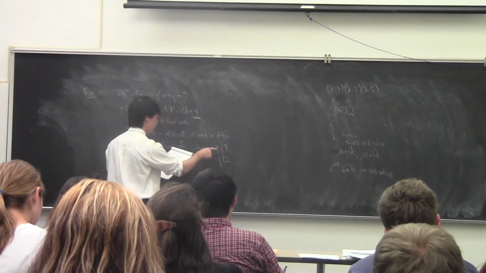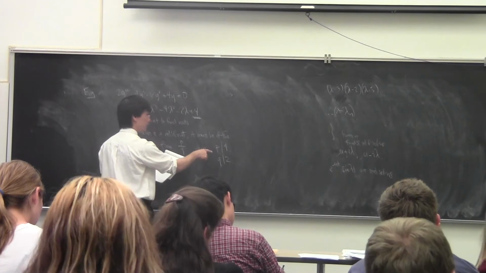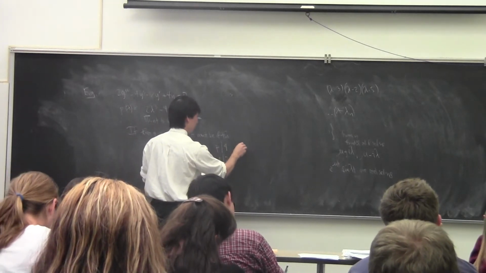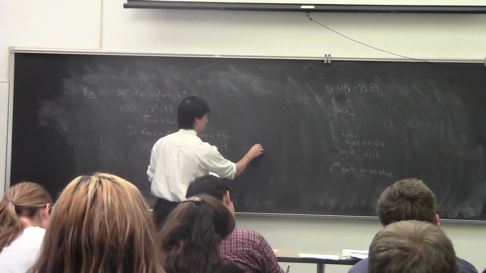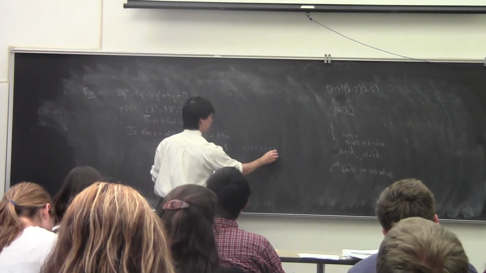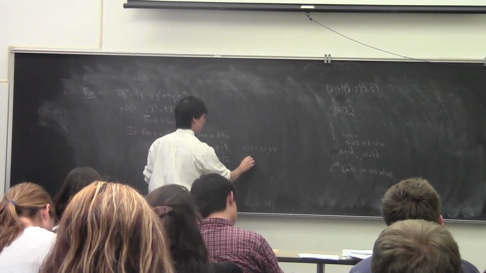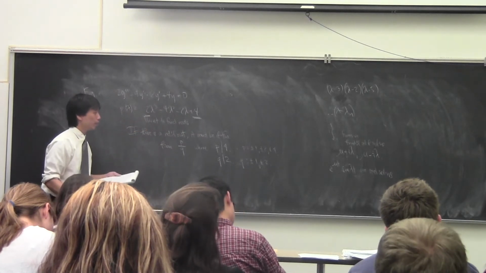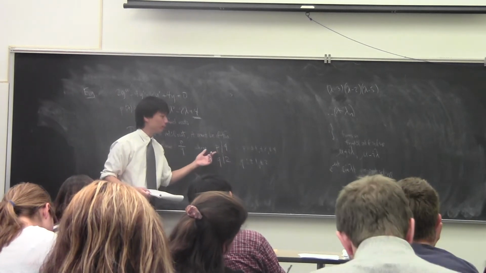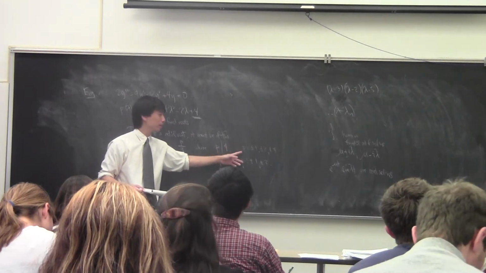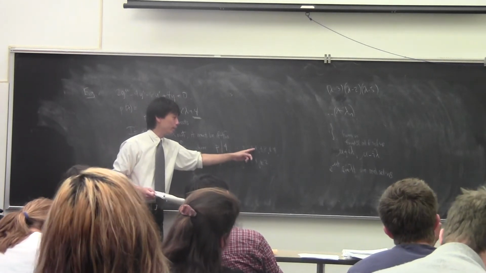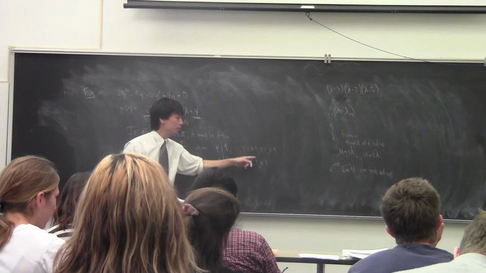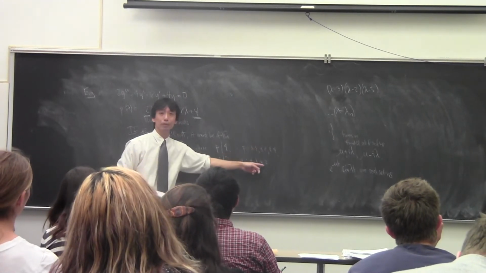And so you say, okay, well, p has to be plus or minus 1, plus or minus 2, or plus or minus 4. Q could be plus or minus 1 or plus or minus 2. And so you look at everything that is in the form p over q: 1 over 1, 1 over 2, 2 over 1, 2 over 2, 4 over 1, 4 over 2.